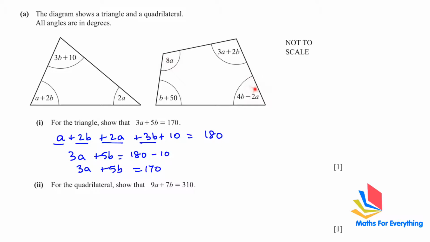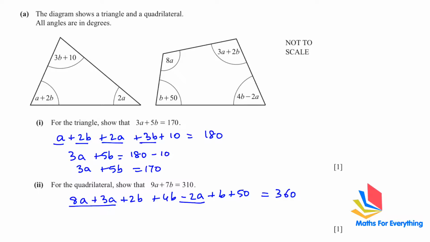Next, we have been given a quadrilateral, and the sum of all the angles in the quadrilateral is equal to 360. Therefore, 8a plus 3a plus 2b plus 4b minus 2a plus b plus 50 is equal to 360. Again, we are going to add the like terms together, all the a's with the sign.